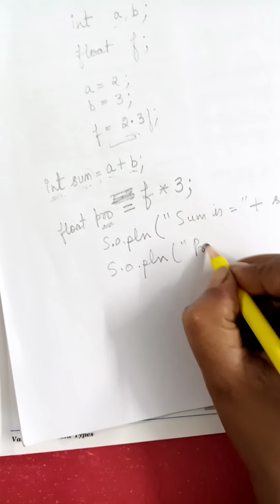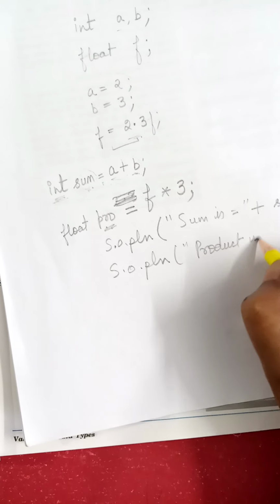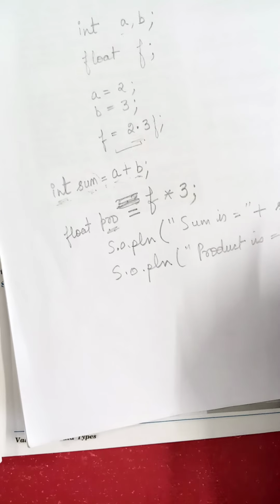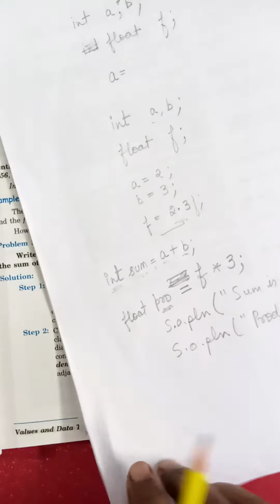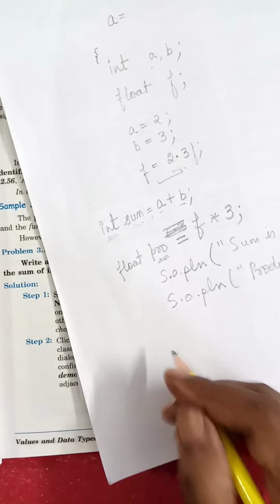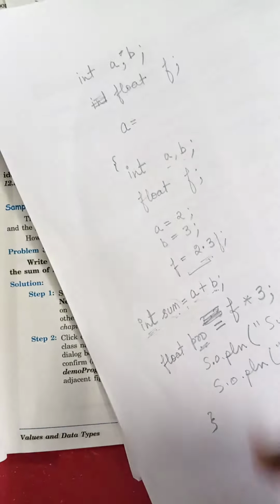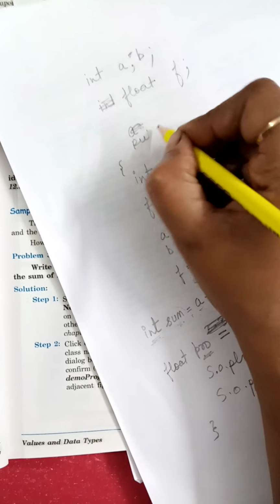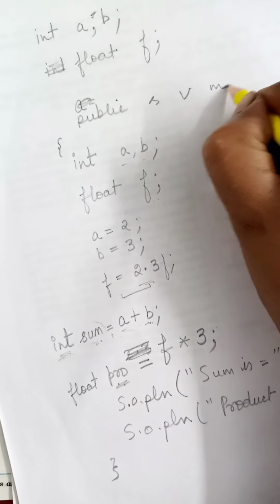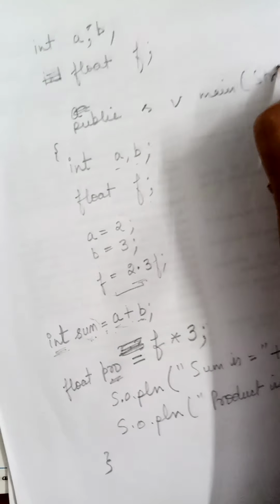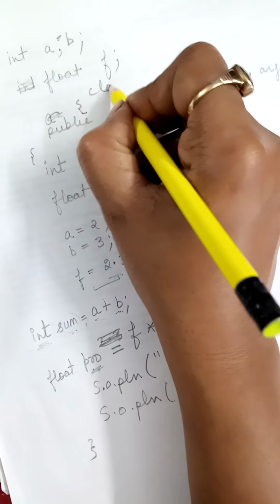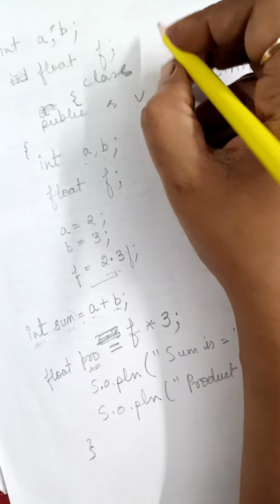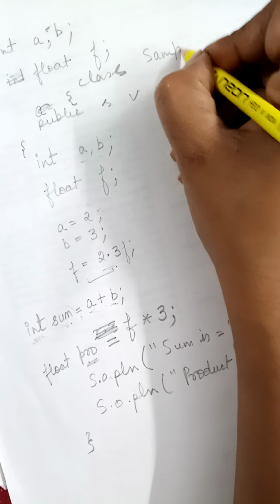SOPLN product is equal to, in which variable do we have the product value? PRO. And this will be within a function, public static void main string args, and the function will be within a class, sample, suppose I am taking.